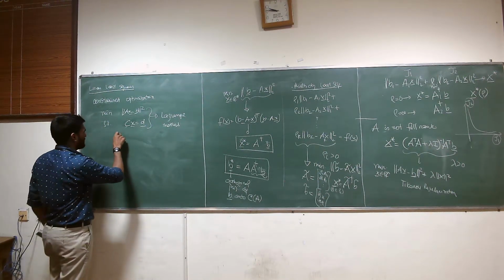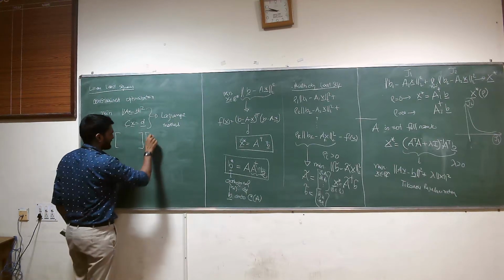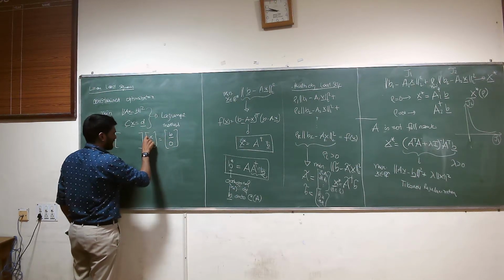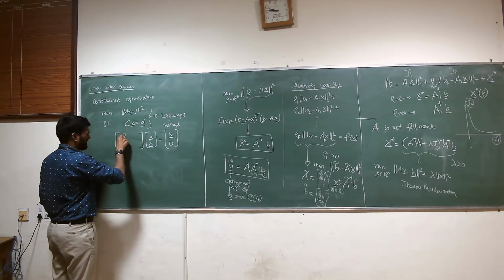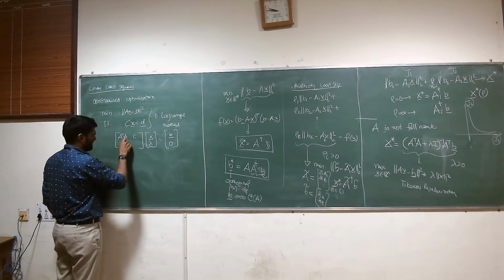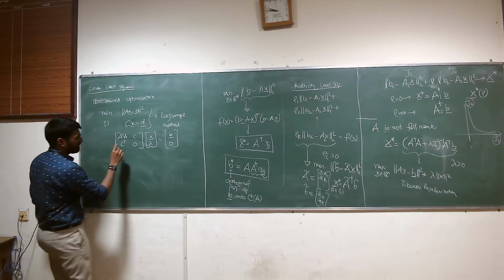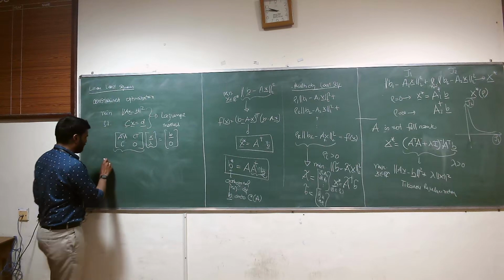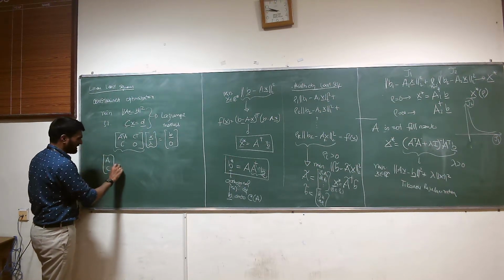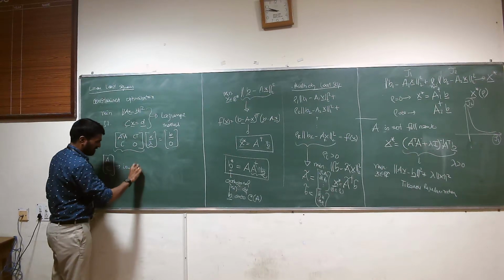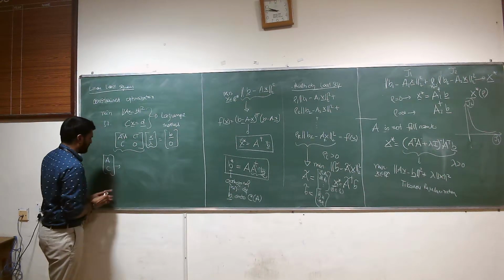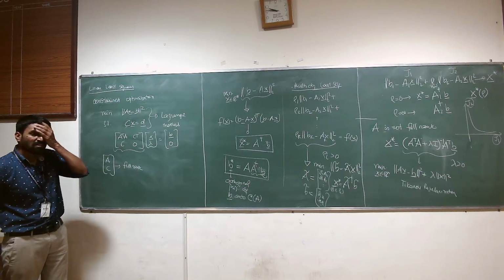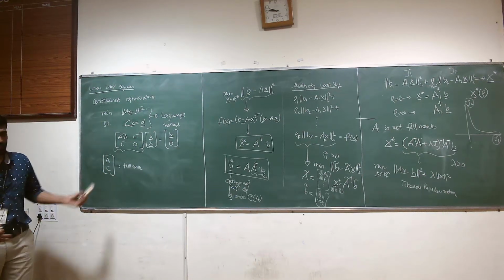And then you will actually end up with an expression like this. This will be B, this will be 0, this will be X. Something like this. If the condition is that AC is full rank, then it turns out this will be invertible, so you can solve for this. Okay, this is where we stopped, right?